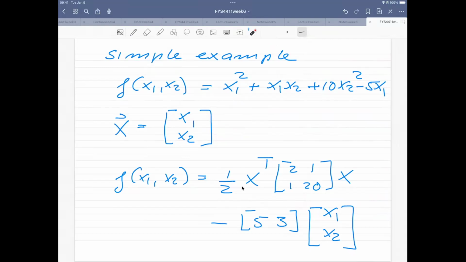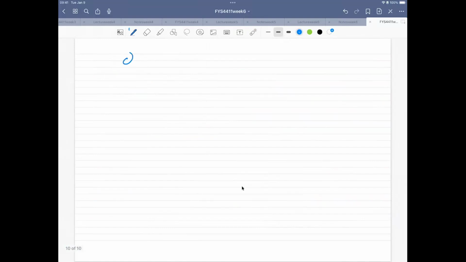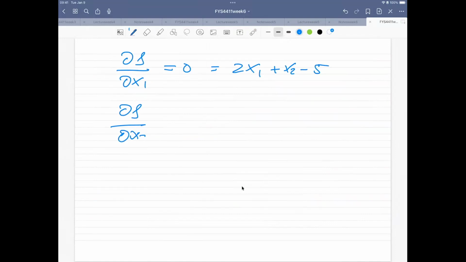Then the optimization part here for us is simply given by d of f over dx1 equal to 0. That's one of the equations we want. And that gives us simply, when we set up the equation, 2x1 plus x2 minus 5. And then we have the next one, which is df over dx2 equal to 0. And that gives us x1 plus 20 x2 minus 3.